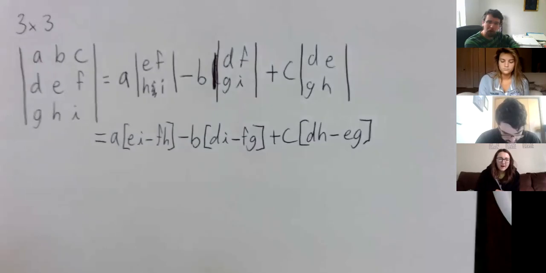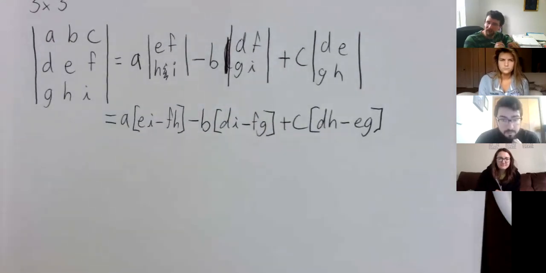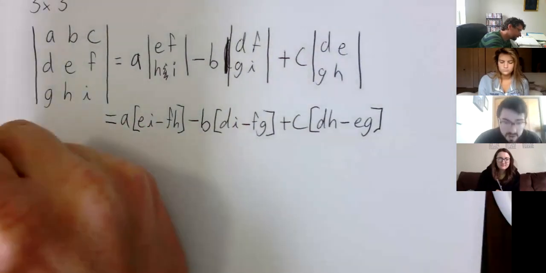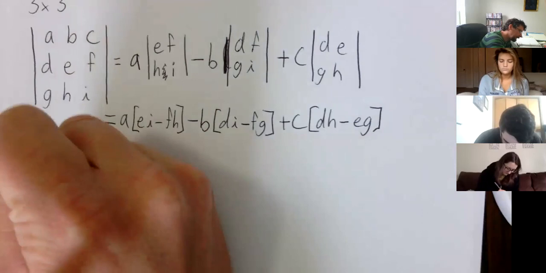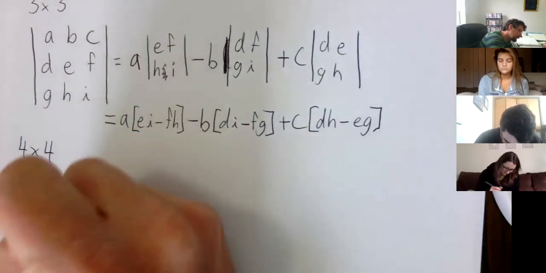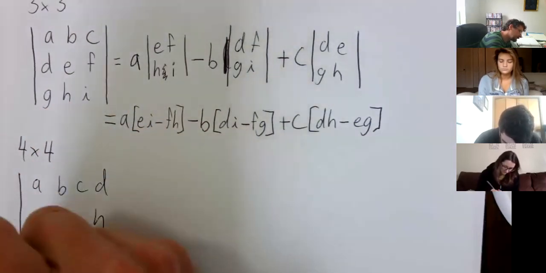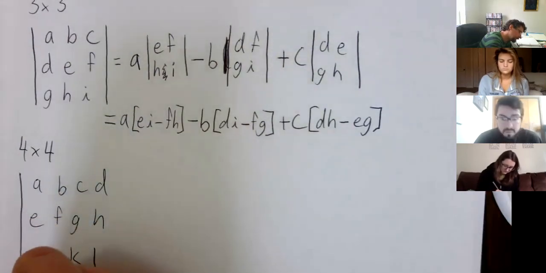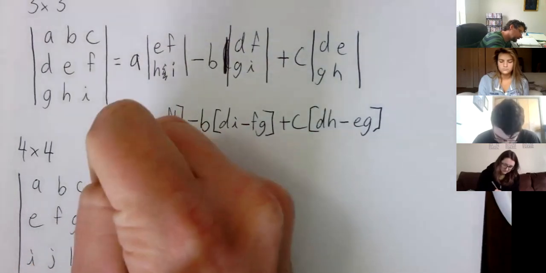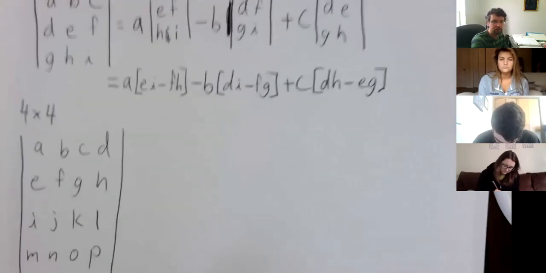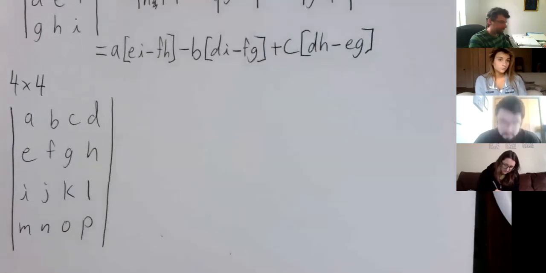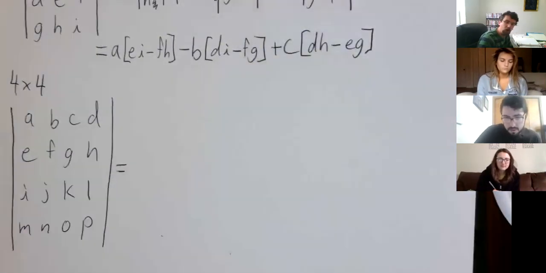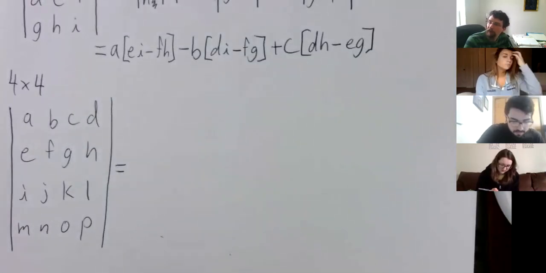Now let's move to a 4x4 and then we'll actually go into an example of this. Remember, we always start with the first row.